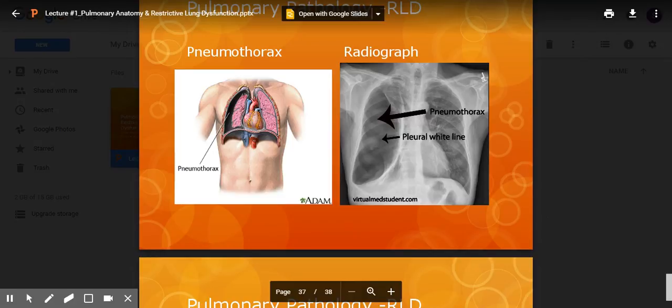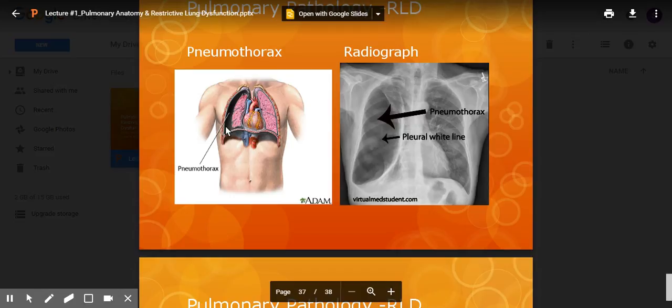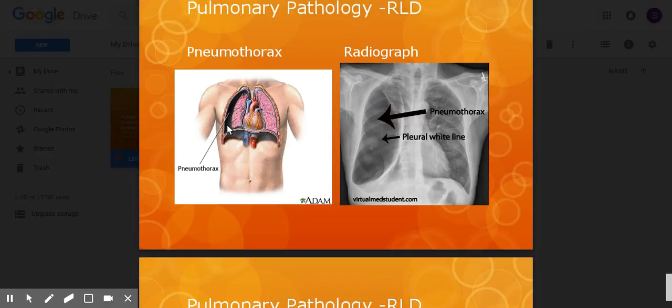So we talked about some of the causes. A pneumothorax can be caused by a puncture injury. When we were listing some of the traumatic causes, a penetrating wound, a stab wound, some type of sharp object, a person falling on a sharp stick or something that punctures their chest wall.